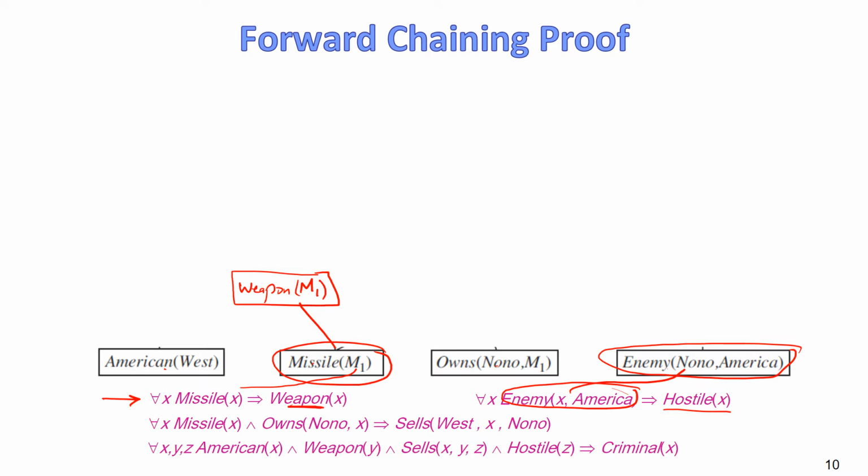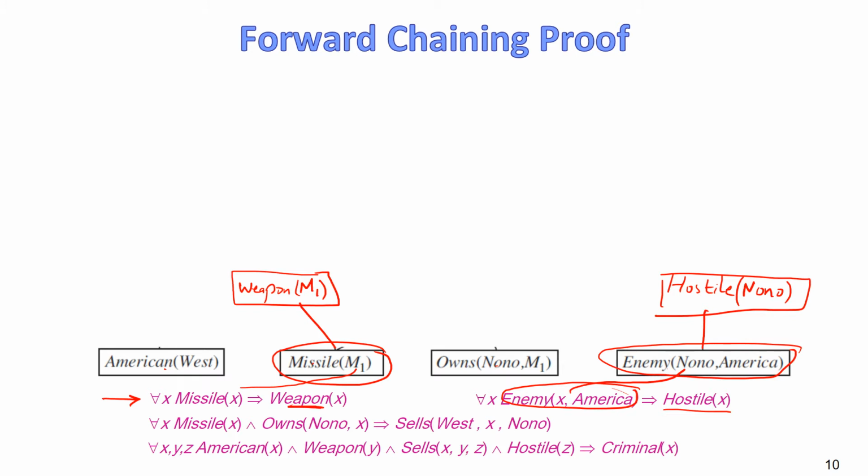So we can entail Hostile of what? We substituted x with Nono, so here we substitute x with Nono also. So that will be Hostile(Nono). Okay, so that's another sentence now to be added to the knowledge base.